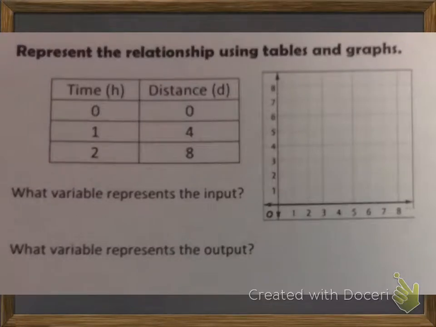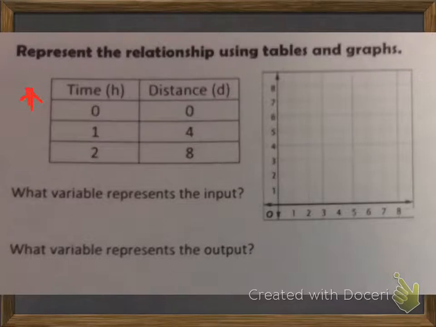Okay, so we can represent the relationship using tables and graphs. So here we have a table, and we say time, we used H, and distance, we used D. So that means that this time must be represented in hours in their word problem. So H is going to be the dependent or the independent?